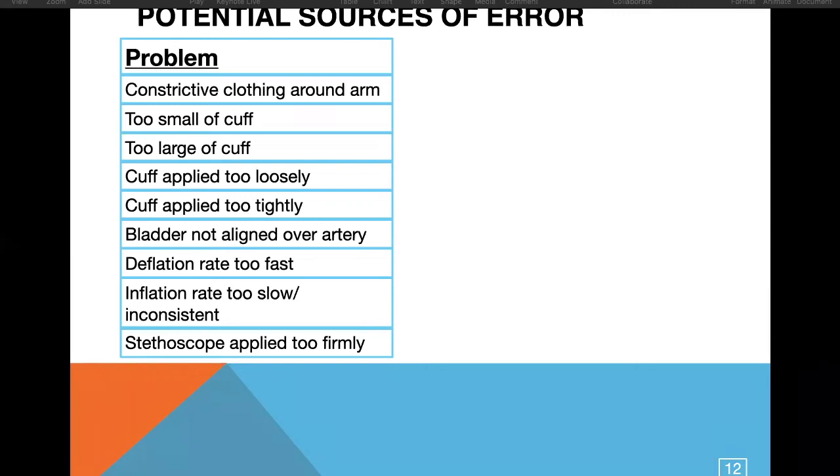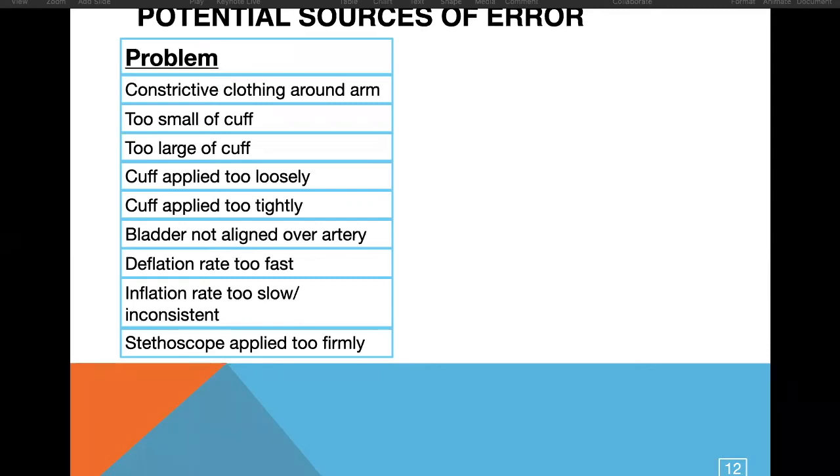If we apply the cuff too loosely, which means it's sliding off all by itself, or it's too tight, it's already constricting the arm. The bladder is not aligned over the artery, and on most cuffs that we use, there is an arrow that indicates the artery. We'll cover that a little bit more specifically in lab, of where to find that artery on the medial side of the upper arm.